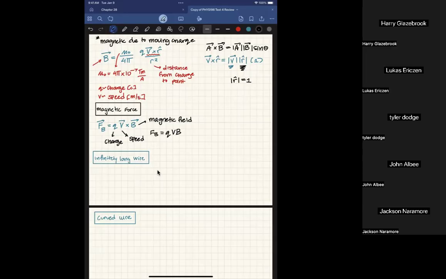I should expand on that a little bit more, sorry. I'll pull a little note here. The force, the speed, and the magnetic field are all 90 degrees from one another, always.